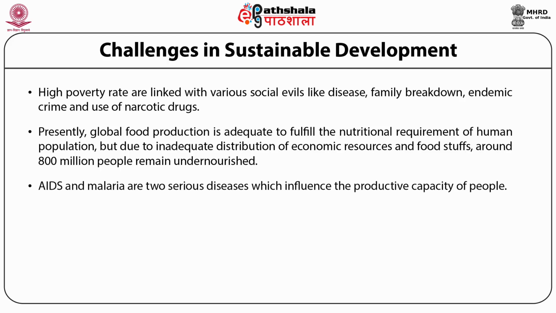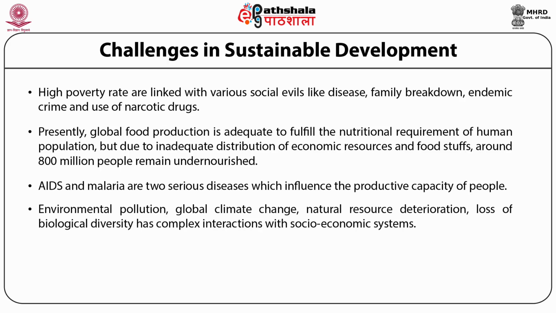AIDS and malaria are two serious diseases which influence the productive capacity of people. Environmental pollution, global climate change, natural resource deterioration, and loss of biological diversity have complex interactions with socio-economic systems.